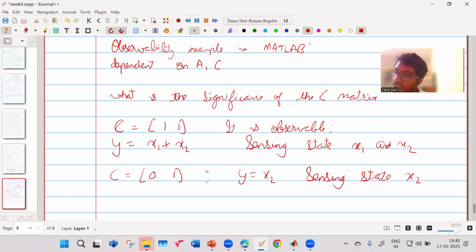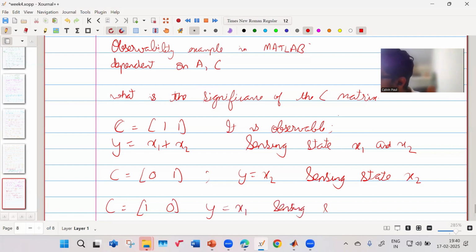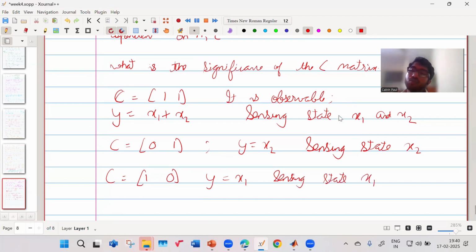Okay, that is what this means. That is what this observability means. But however, when I make C equal to [1, 0], that means my y equal to x1. I am only sensing state x1, then I am not able to find what is my state x2. I cannot determine. I cannot find out.